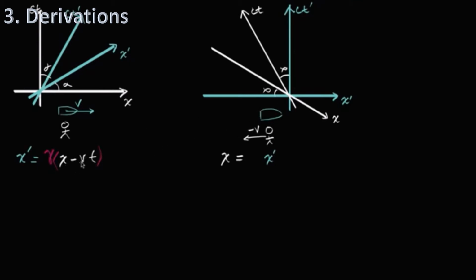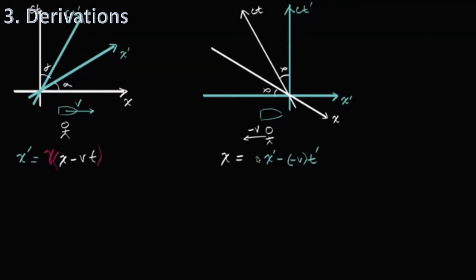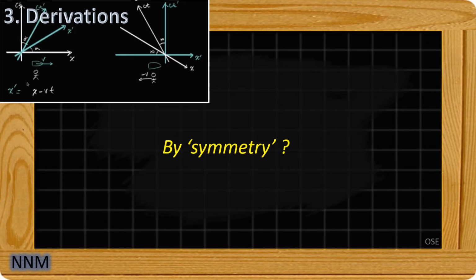So x prime minus negative v times t prime would be the Galilean transformation. But whatever scaling factor we used here, there's a symmetry. I shouldn't have to use a different scaling factor if I'm in a different frame of reference. So if we assume the absoluteness of the speed of light, we're going to have some other scaling factor just like that.